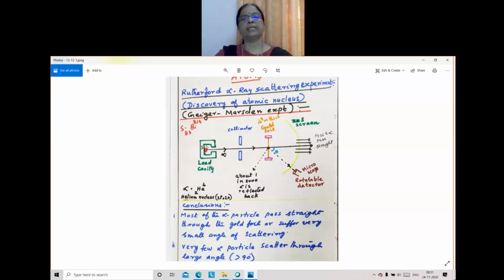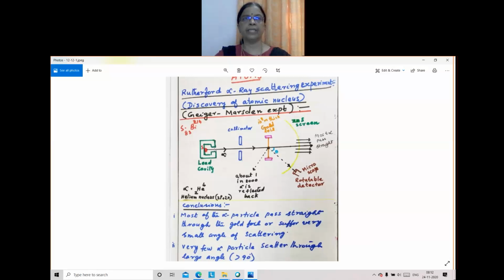So S is the material he used, bismuth 83-214, atomic number 83, mass number 214. That is the source of alpha particles. An alpha particle is actually a helium nucleus, He with atomic number 2 and mass number 4.